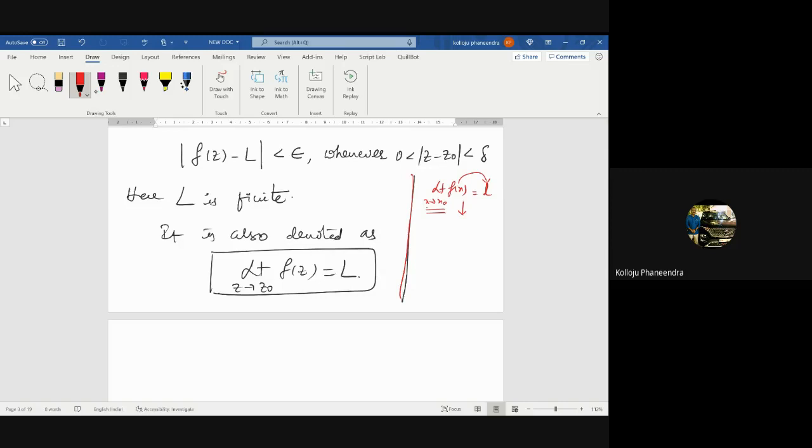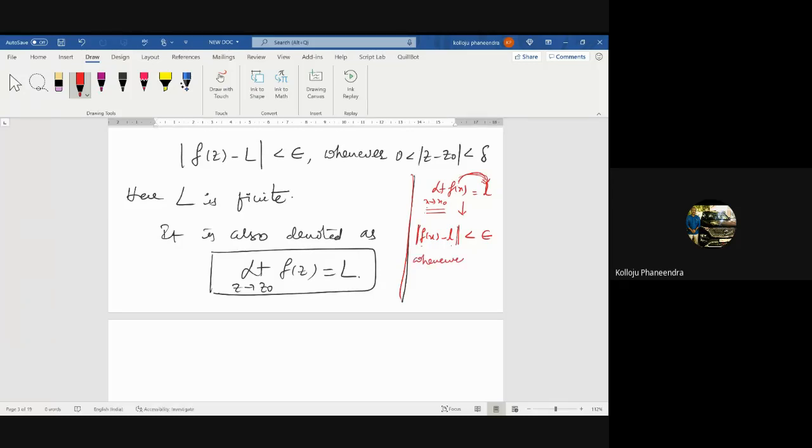When x is approaching x naught, then f of x is tending to L. That means the difference between f of x and L is very small. Epsilon means a small positive real number. The distance between f of x and L is very, very small.